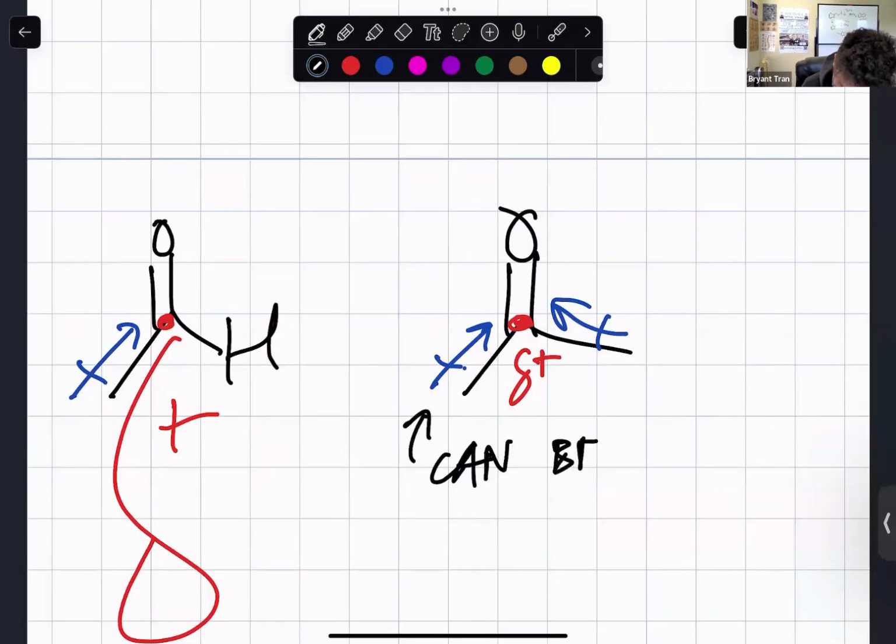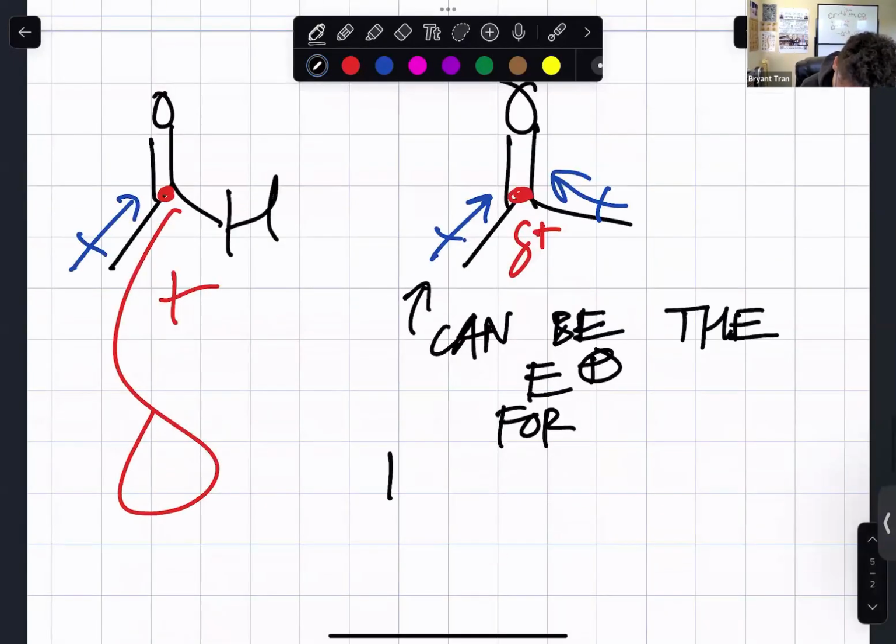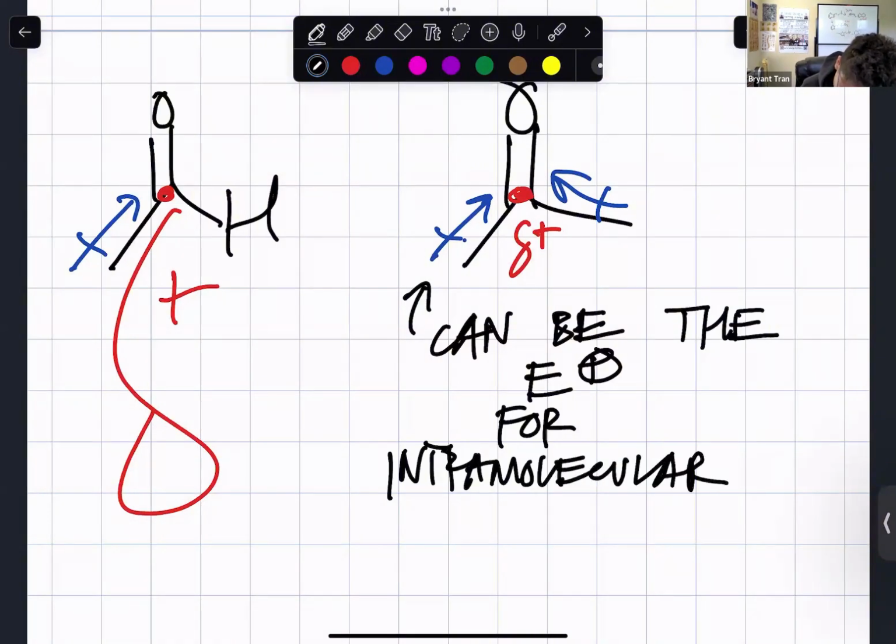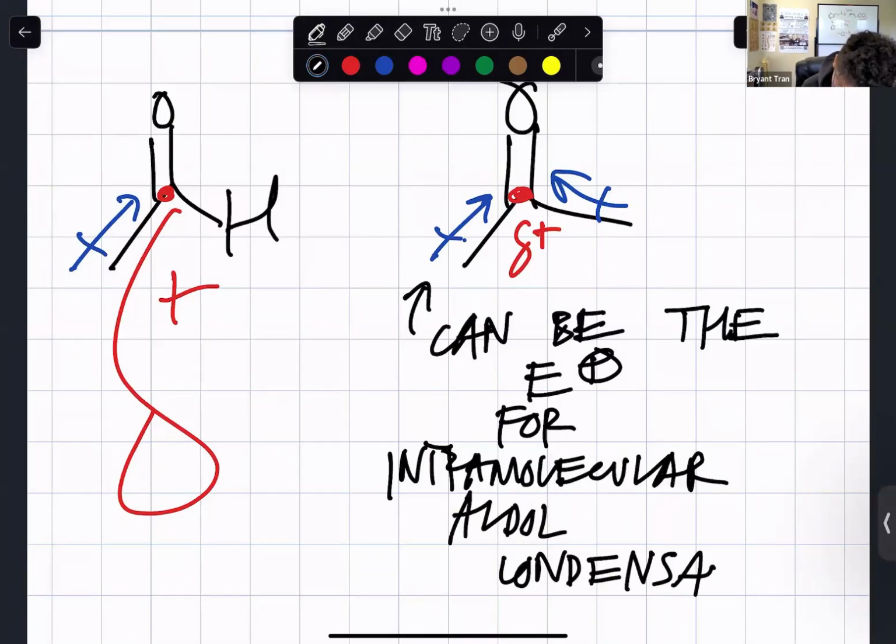Ketones can be the electrophile for intramolecular aldol condensation reactions, right?